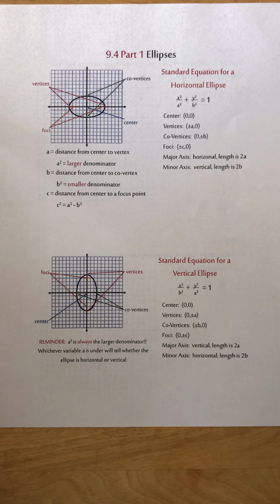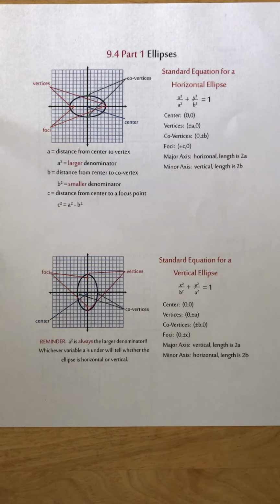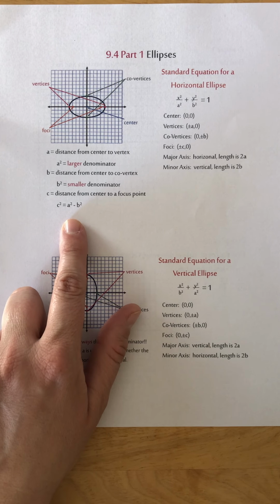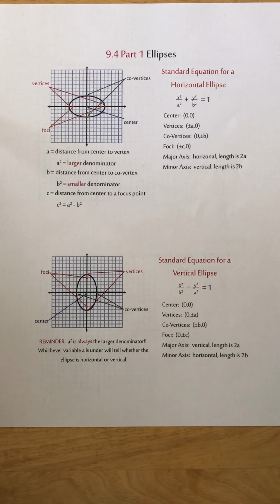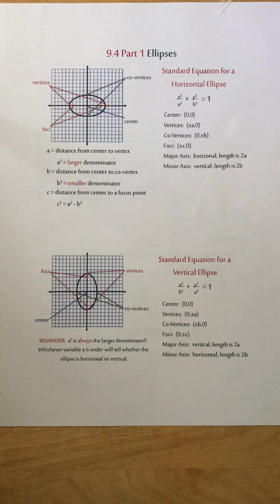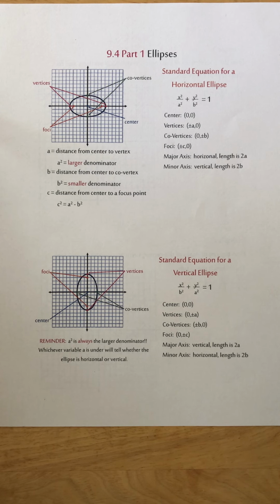All right, we have what we call vertices and co-vertices. But before I talk about that, let's talk about these over here. We have three variables. We have A, B, and C. A squared, and that comes from these denominators, right? A squared is always the larger one.